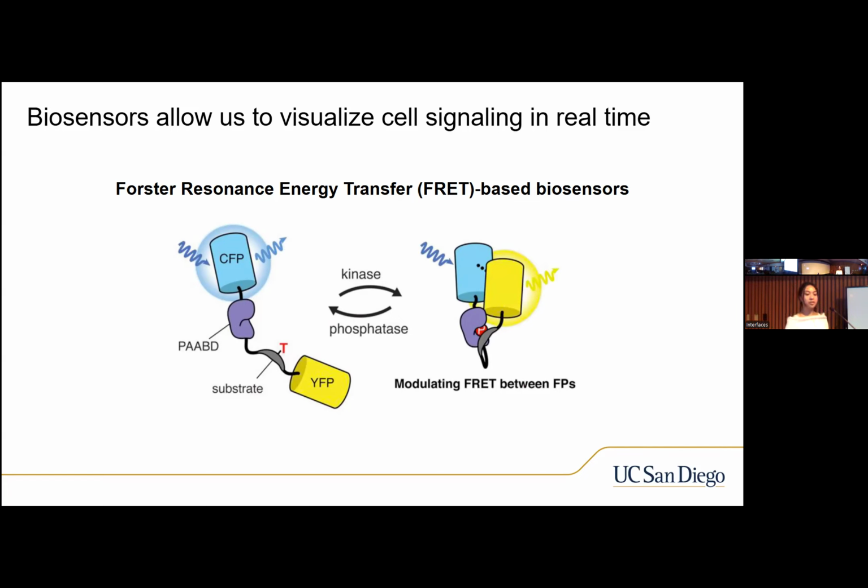But the problem with a lot of these FRET-based biosensors is that they're not ideal for multiplexing or in vivo imaging, just because the two fluorophores for the reporting unit are usually occupying two different and often blue shifted imaging windows.